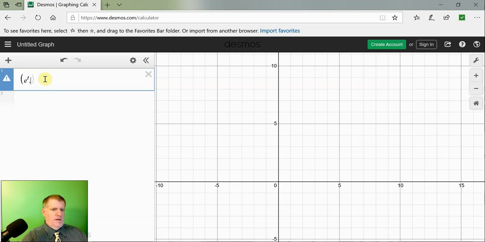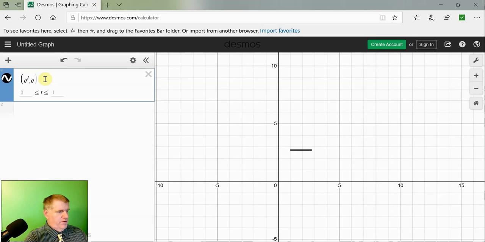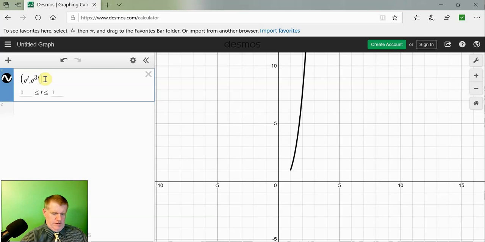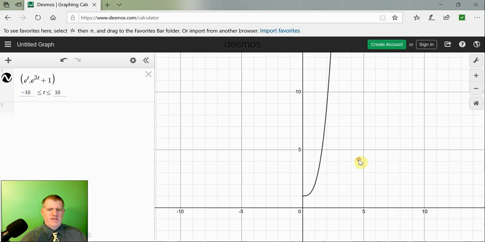And the y value would be e to the 3t plus 1. And t is going, well, we had no values for t, so let's see what happens. So we just picked values just to see a general trend, and you can see the graph is going up as we expected it to.